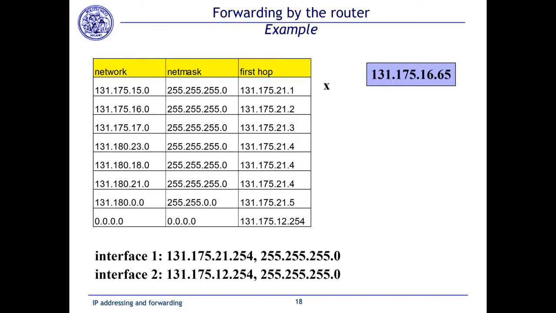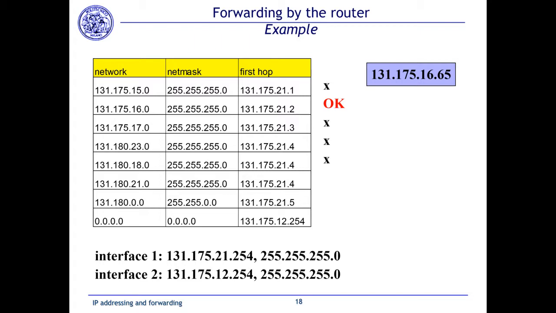If you do the AND with that net mask and the destination IP address, you find 131.175.16, and the entry is .15, so they are not matching. You find a matching with the second line, but you cannot stop here. You have to look at the whole table to find all the possible matchings.